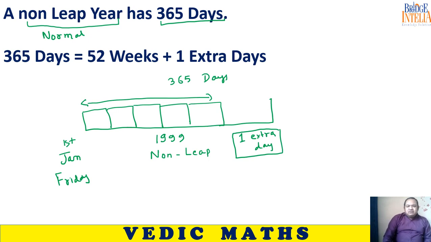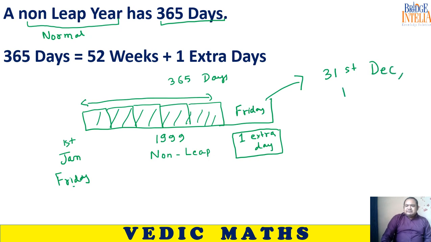Even if you remove all the complete weeks, one extra day remains, and that extra day would be Friday. This means you can definitely be sure that 31st December of the same year 1999 was also Friday. So if you understand how many extra days are generated per year, then without lengthy calculation you can immediately determine with surety which day of the week a random date falls on.